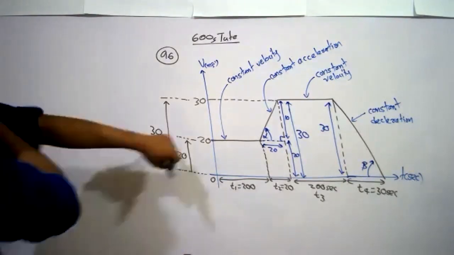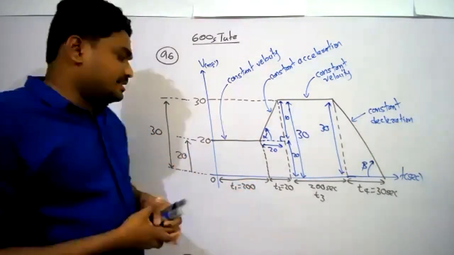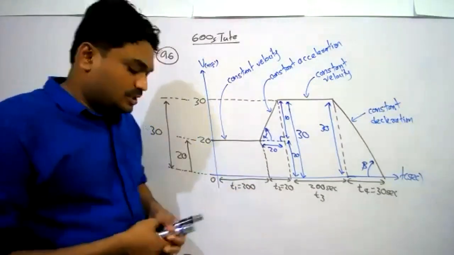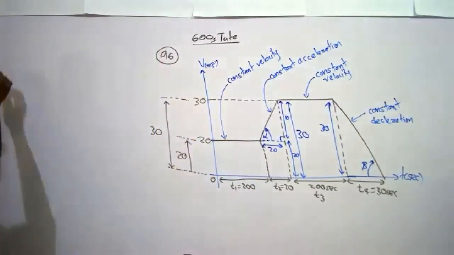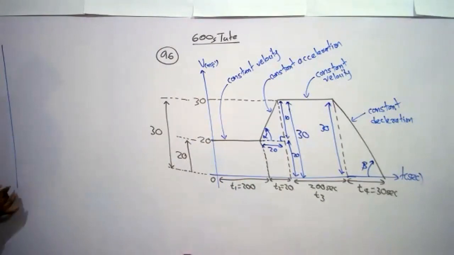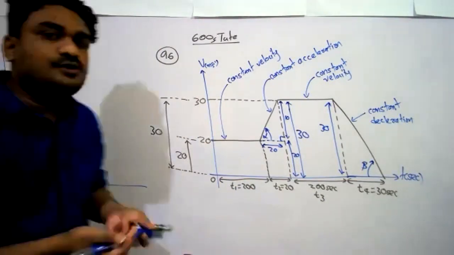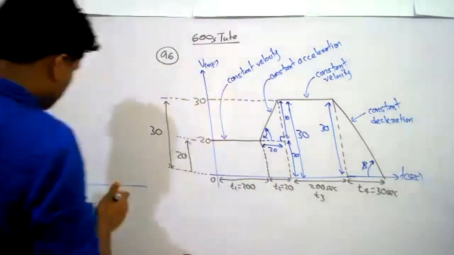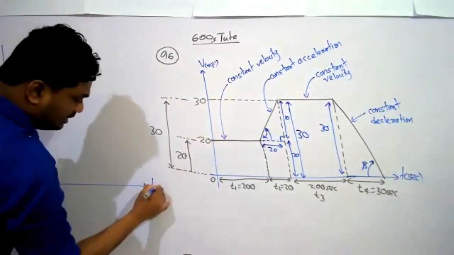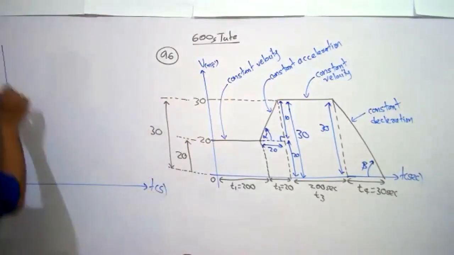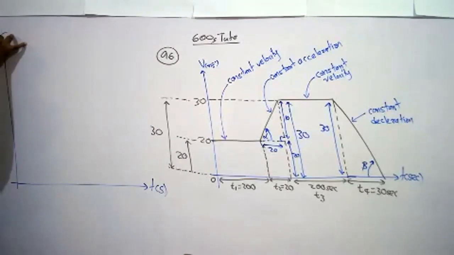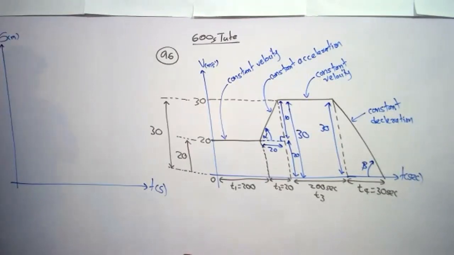Now listen, dear. During the first 200 seconds, it travels with constant velocity. How do we represent constant velocity in a displacement time graph? So now we are going to draw a displacement time graph, right? Time is indicated by t. Displacement is indicated by s. Unit is meter.